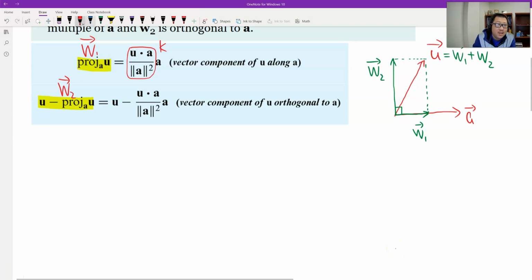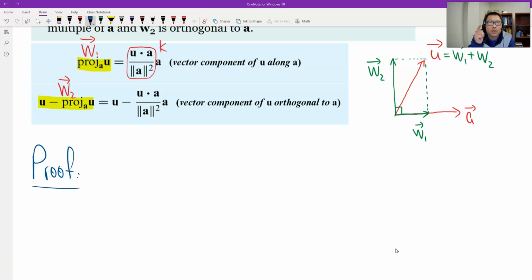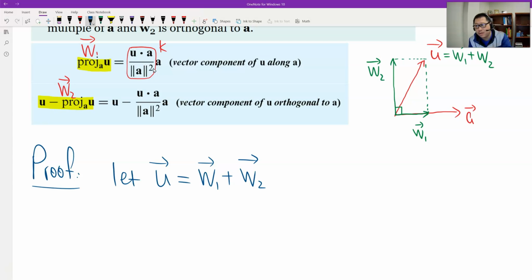It's quite easy. If we can solve for w1 and find that the solution is unique, then the decomposition is unique. So we directly solve for w1. First, let's set up that u can be decomposed into w1 plus w2, where w1 is along a, which is a multiple.